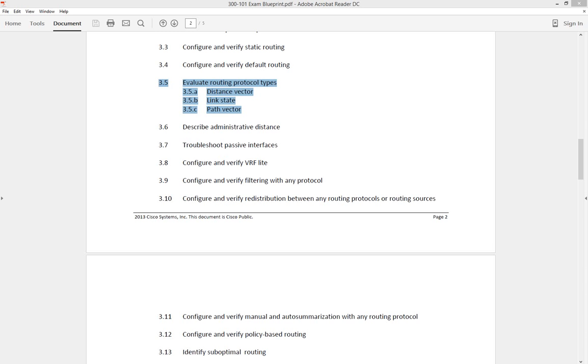But the idea behind it, and we'll talk more about this in detail later, because I don't want to confuse anybody if you're not familiar with EIGRP and get too deep too quick, because I've done that before and I've had people lose interest very quickly.